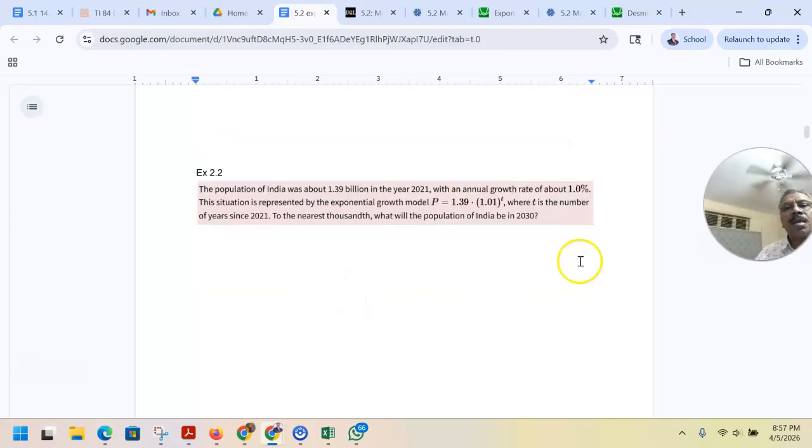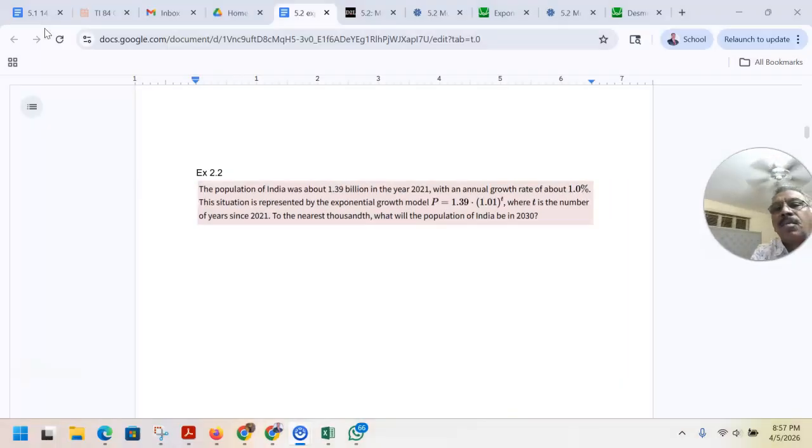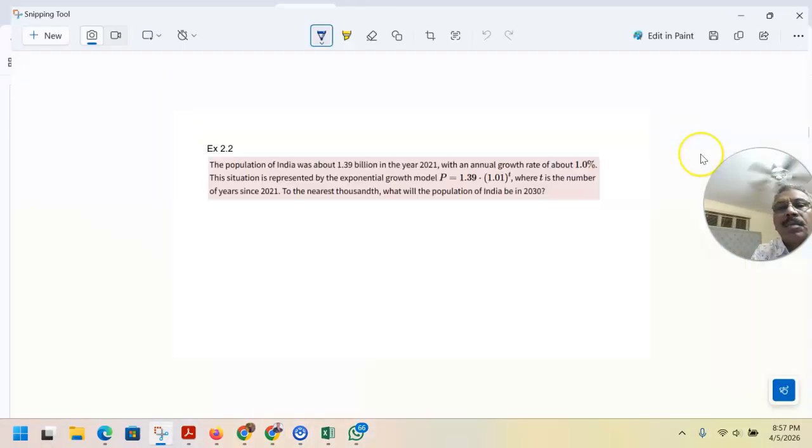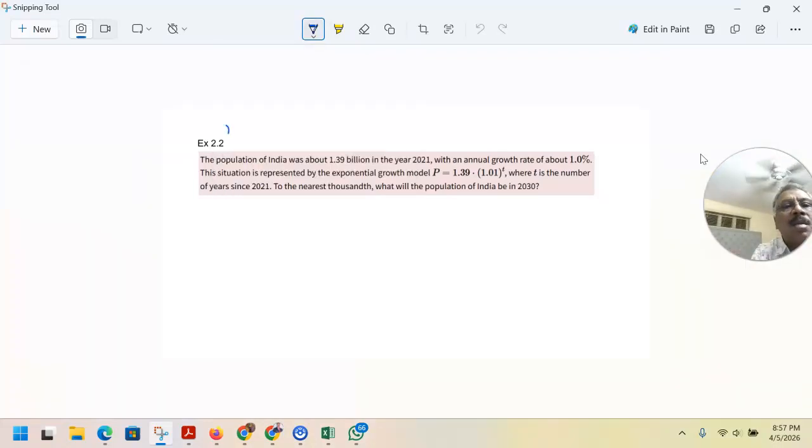Okay, now comes a model with a real world problem. The population of India was 1.39 billion in the year 2021 with an annual growth rate of 1%.